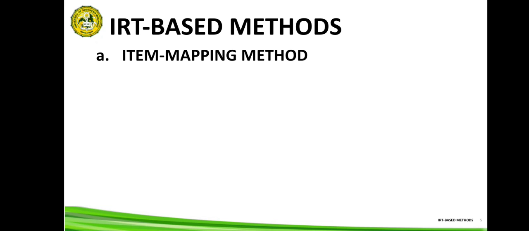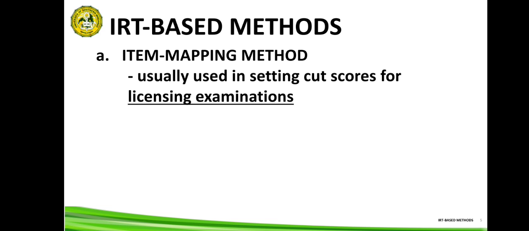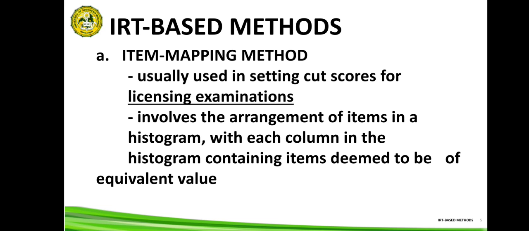So what are the examples of the IRT-based methods? We have first the item mapping method. This is usually used in setting cut scores for licensing examinations. How does this work? It involves the arrangement of items in a histogram, with each column in the histogram containing items deemed to be of equivalent value. The items are mapped in a histogram, and those that have the same value or level of difficulty are categorized accordingly.